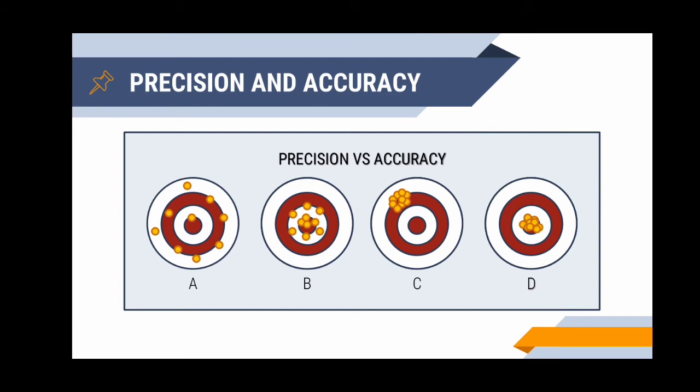To understand or to remember these concepts, sabihin na lang natin na if you are precise, doesn't necessarily mean that you are accurate. However, if you are consistently accurate, you are also precise.